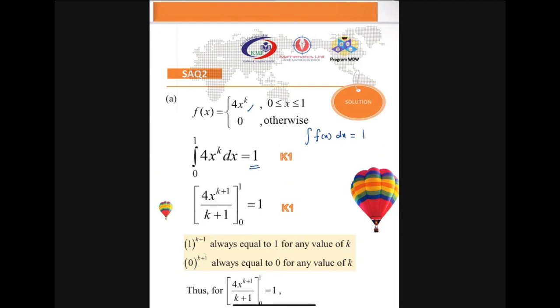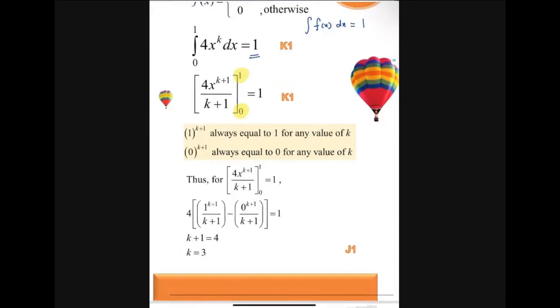And then carefully integrate this, okay? x to the power of k, k is just a constant, so you just integrate it as usual using the basic rule of integration, x to the power of k plus 1 divided by the new power. Our limit is still the same from 0 up till 1. Okay, and then we have to substitute the limit. So I just directly substitute 1 into the function and 0 into the function. After that, we just have to simplify.